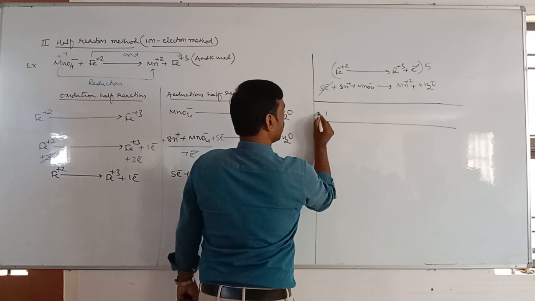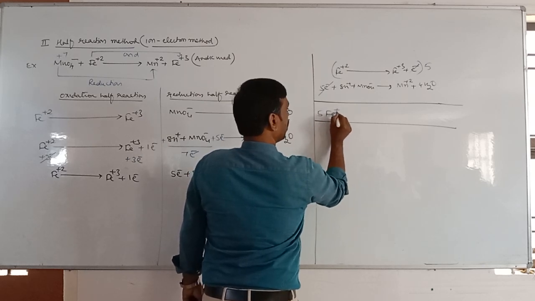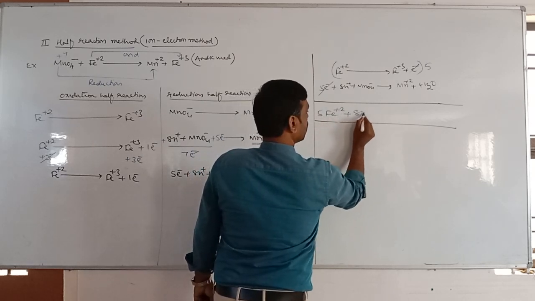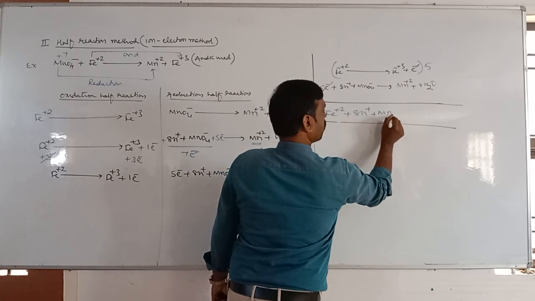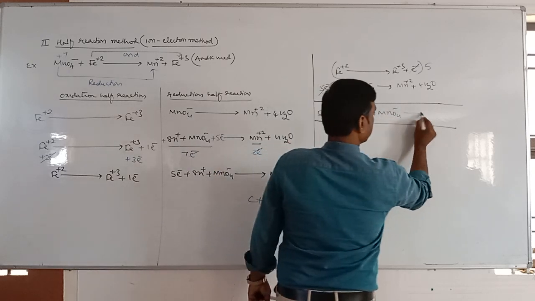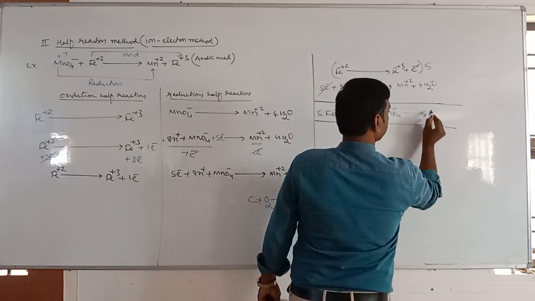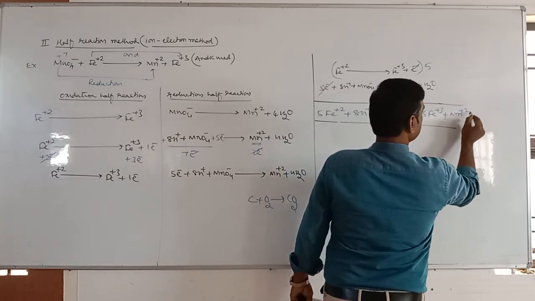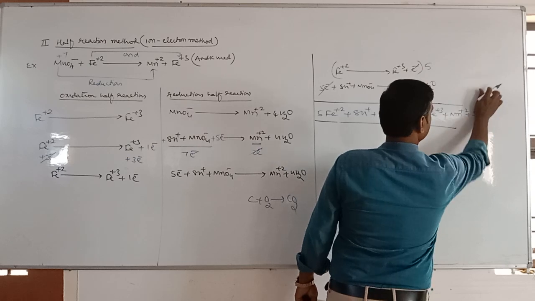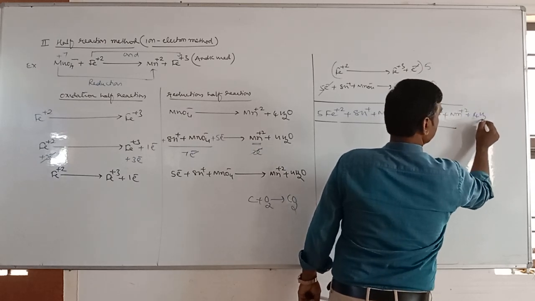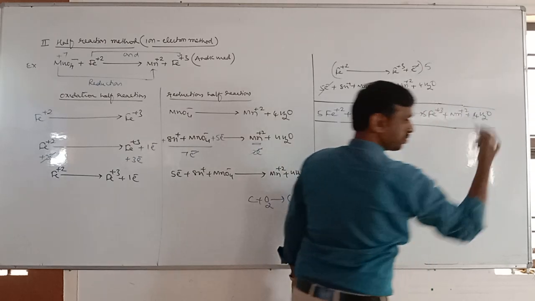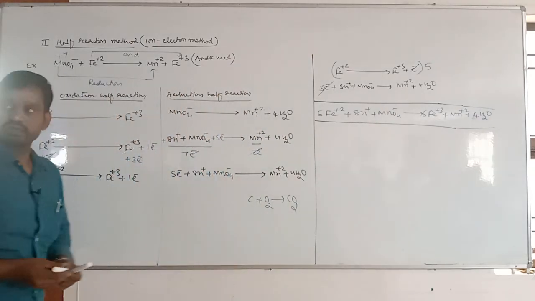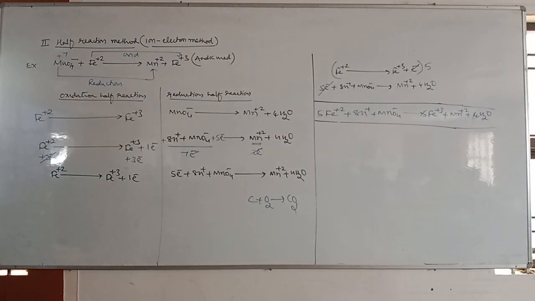Then there is 5 Fe plus 2 plus 8H plus MnO4 minus, which gives rise to 5 Fe plus 3 plus Mn plus 2 plus 4 H2O. It is a balanced chemical equation, right?